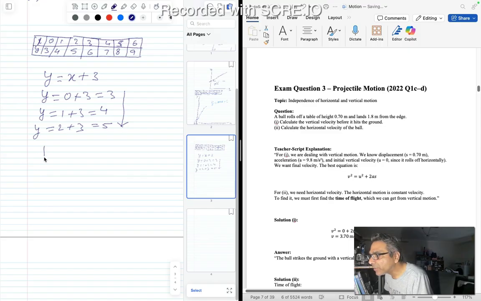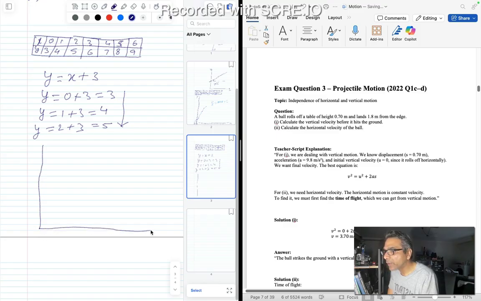Let me try how hard I can to get a straight line. Okay, let's believe that this is a straight line. This is the y-axis.